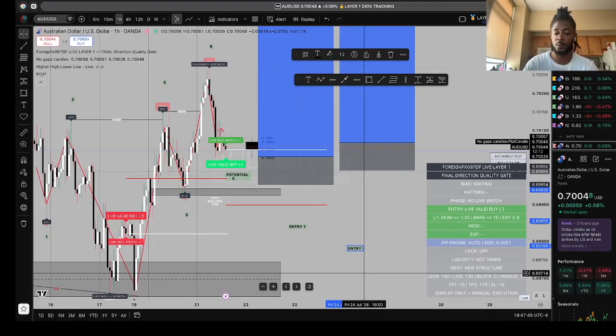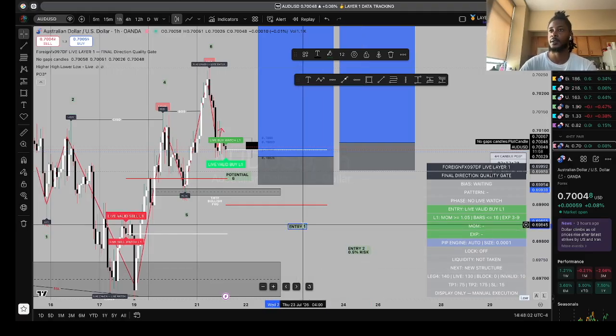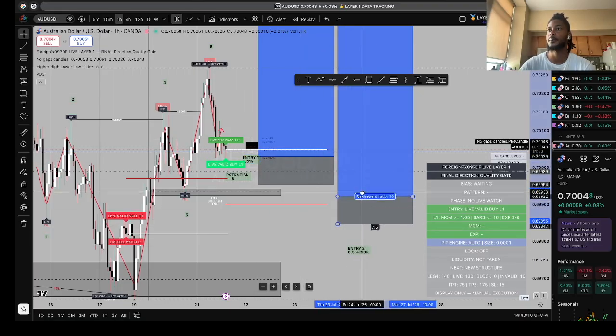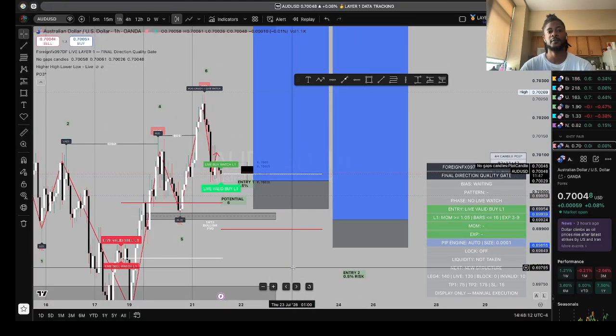Entry two, and then 0.5% risk. So entry one and entry two will be using 0.5% risk.